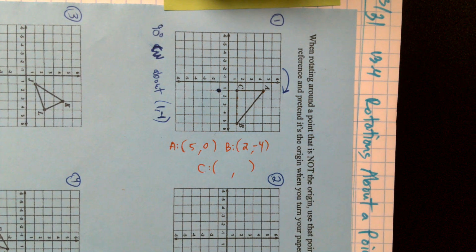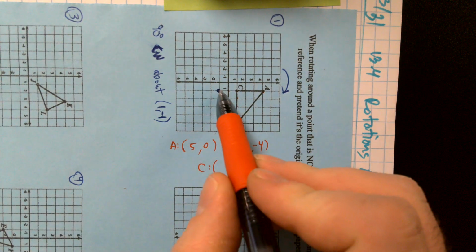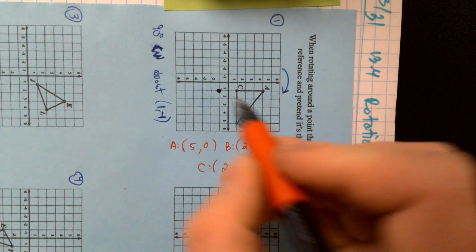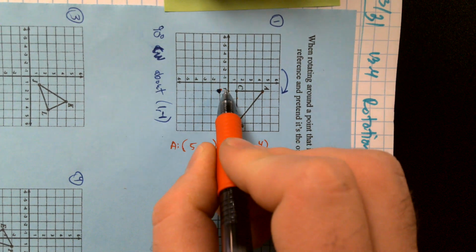Yeah? Am I sure? I think so. What about point C? 2, 0. This is my origin. 2, 0.